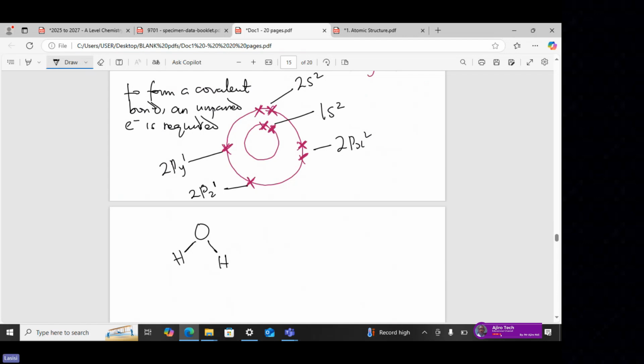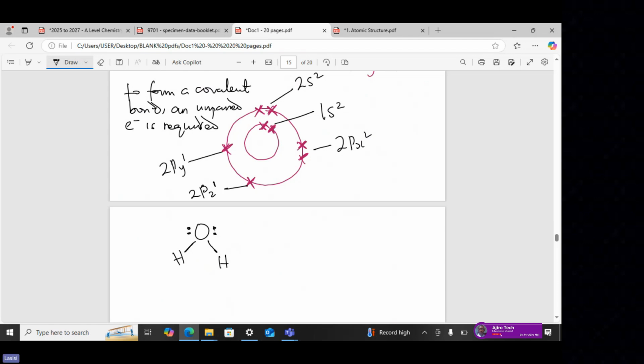There will be 8 if they bond. Altogether, how many will be left that were not used to form bonds? 4. So this guy has 2 lone pairs: 1, 2. This is a water molecule.